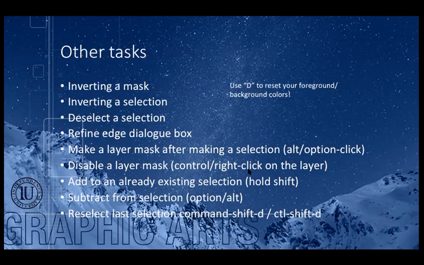You didn't want the color to change on the purse on her arm, so you used the Shift key while selecting just part of her arm and then skipping over the purse and the other part of her body. Subtract from selection is Option or Alt key, and reselect last selection is Command Shift D or Control Shift D, depending on if you're on a Mac or a PC.